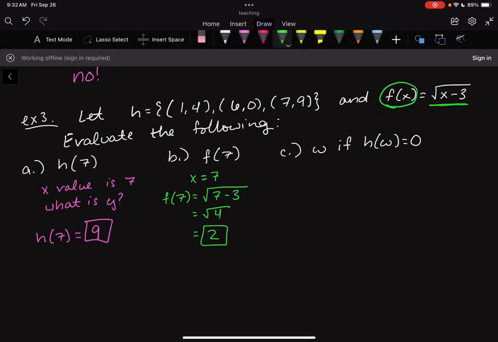For part C, I'm looking for w if h of w equals 0. So for this one, they're looking for the x, or the input, and my y value is equal to 0.